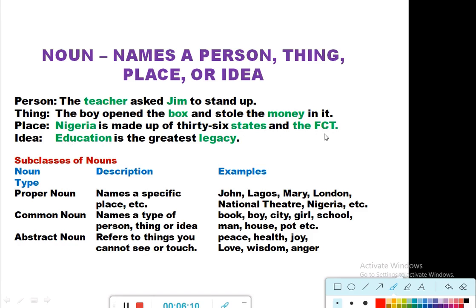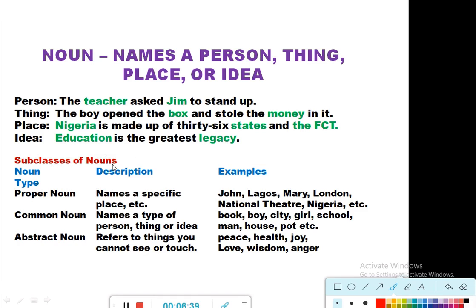Of course, FCT stands for Federal Capital Territory, and that's another way of saying the capital of the country. Now, in naming an idea, we can say, education is the greatest legacy. Education is an idea, legacy is an idea.